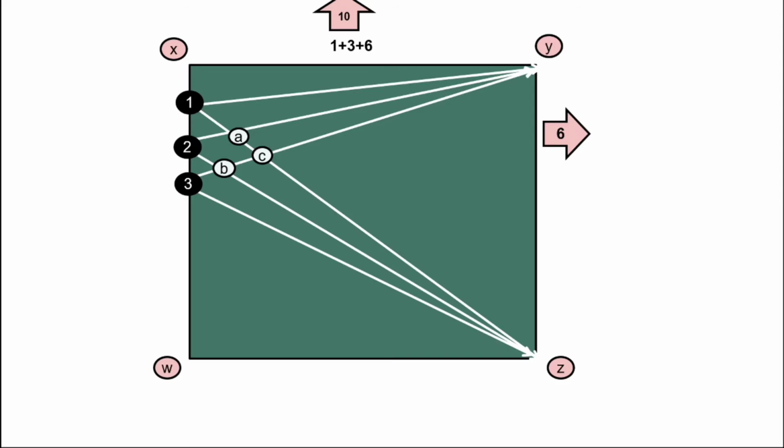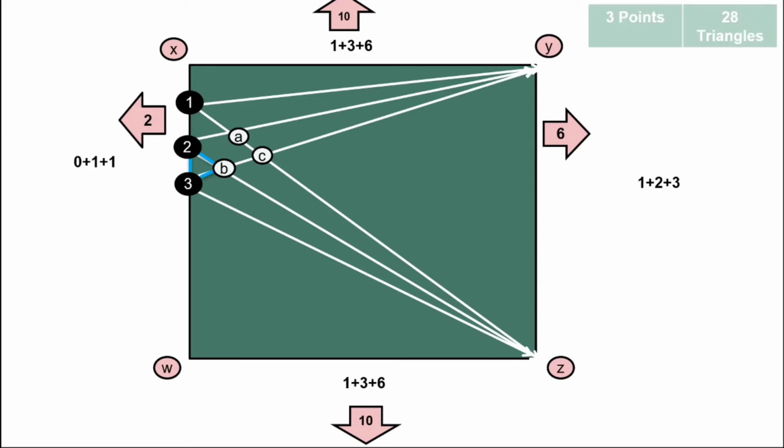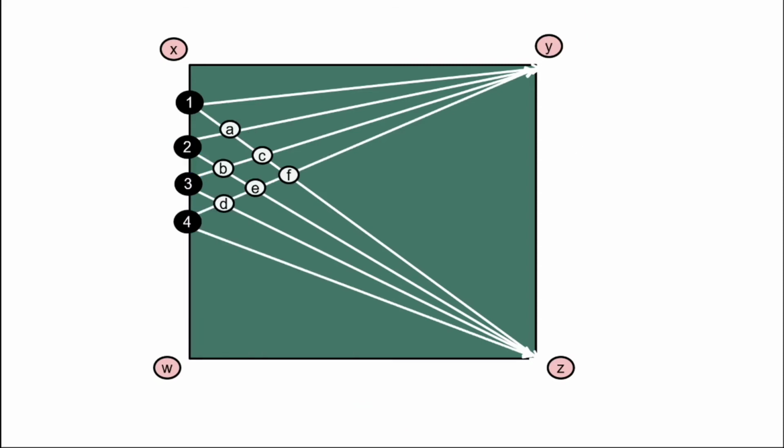On the right side, we have an additional 3, which are the triangles 3YZ, BYZ, and CYZ. Again, on the bottom, we have the same, 10. On the left side, we have an additional 1, which is 23B. So in the third point, we have 28 triangles formed.